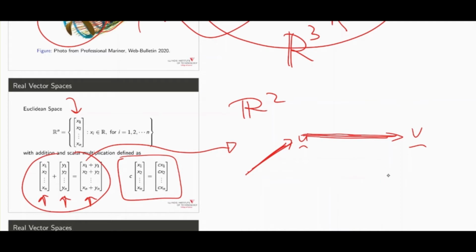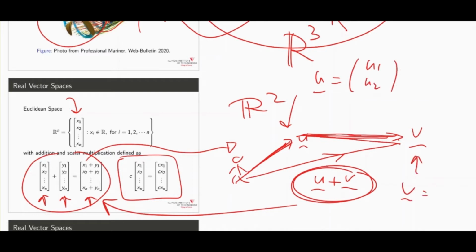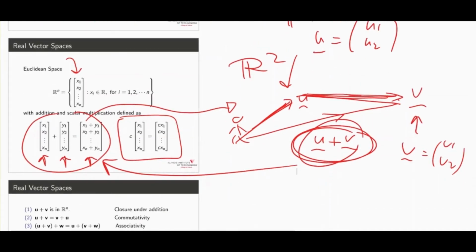Think about if you start from here, and then you walk to here, and then you walk to here. The shortest distance is here. So this is u plus v. I just want you to know this notion is completely equivalent to this. If u is u1, u2, and v is v1, v2, the vector u plus v is given by the sum u1 plus v1, u2 plus v2.